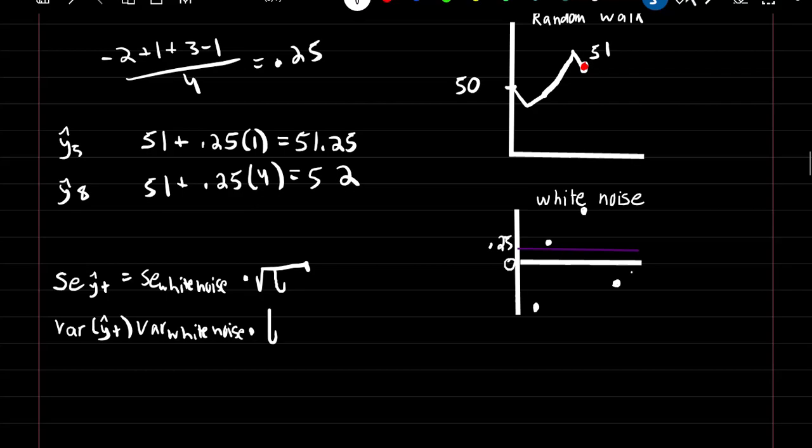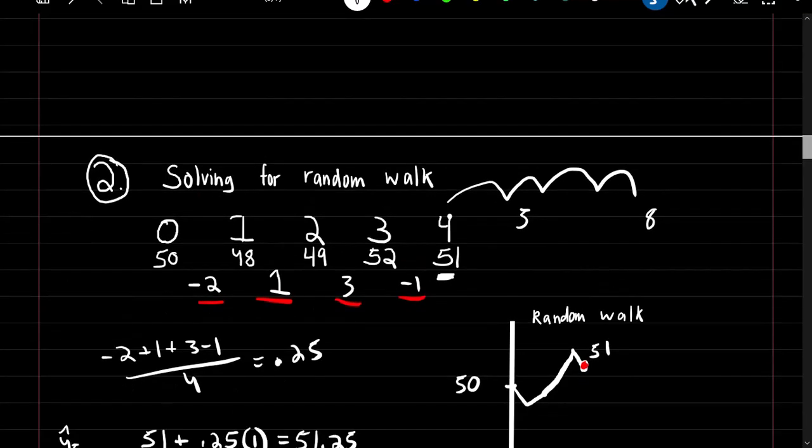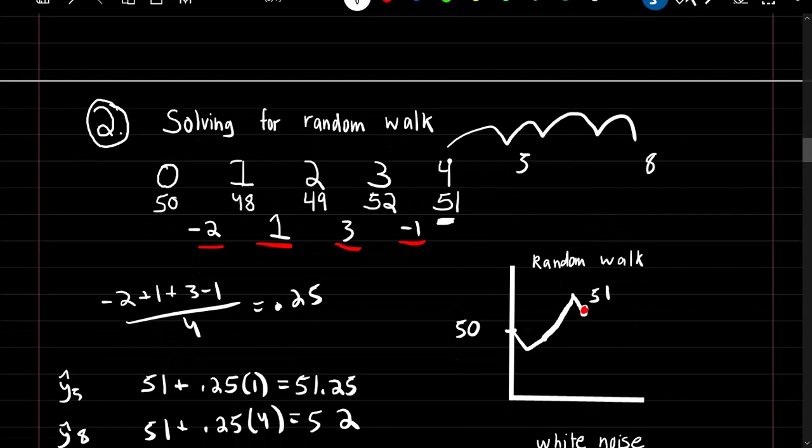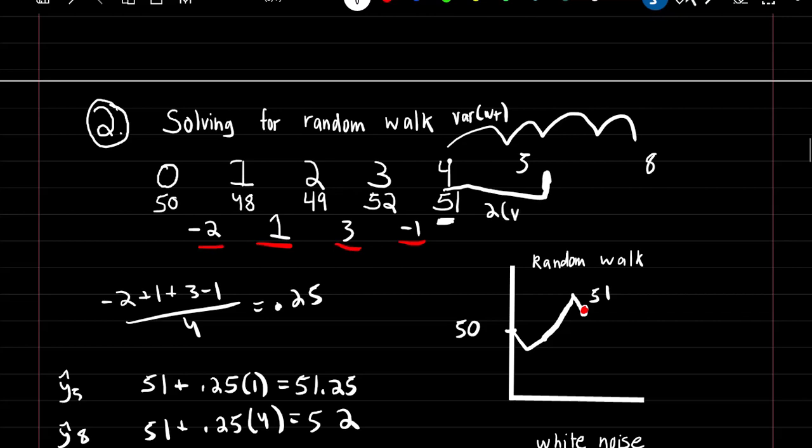times L. So this is saying that at each increment, since the only thing that's changing is we're adding a white noise element, from 4 to 5, it's just going to be simply the variance of our white noise process. And then from 4 to 6, it's just going to be 2 times the variance of our white noise process.